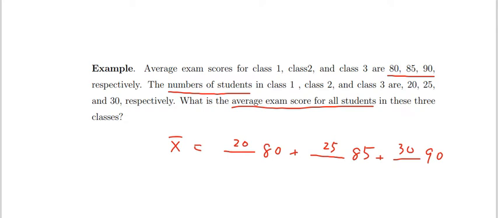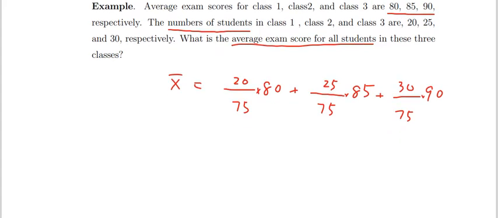So let's say this is 75. Yes, 75, right? So to find the average for the three classes, we should do it this way. We can also understand it this way, from the class averages for all three classes. Total students is 75, right?